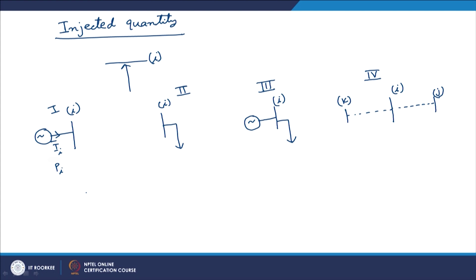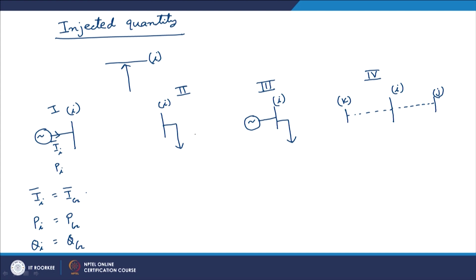The injected current Ii is given by Ig, G standing for the generator, and Pi should be equal to Pg, the real power supplied by the generator. Similarly, Qi, the reactive power supplied by the generator, would be equal to the injected reactive power to the bus, because physically all these are being supplied or injected to the bus.